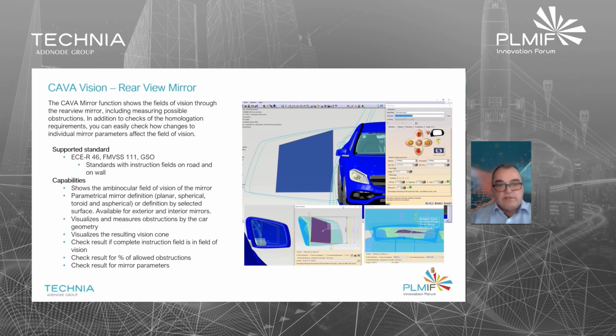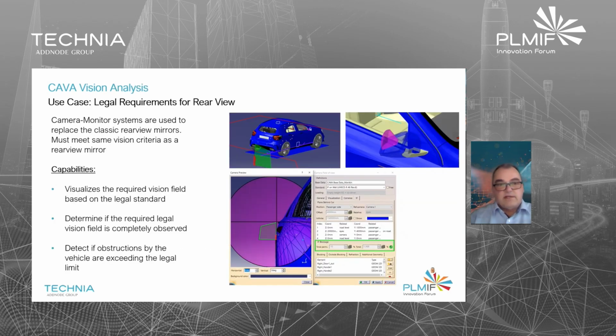Now, the rearview mirror is practical today in cars, but it is now changing. Camera monitor systems are now allowed as a replacement for mirrors. Basically, they must fulfill at least the same requirements, at least with respect to the vision field. So we have the requirement that CAVA can also be used to assess this legal requirement for the rear view, and the camera field of view function can do that for you, very similar to the mirror function.